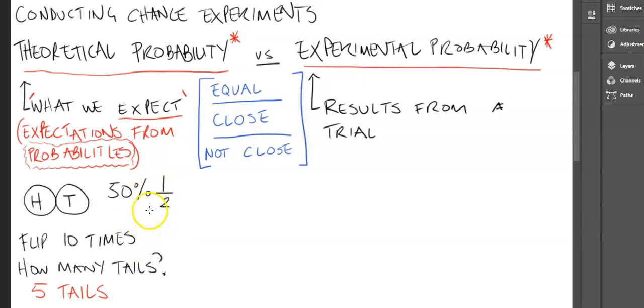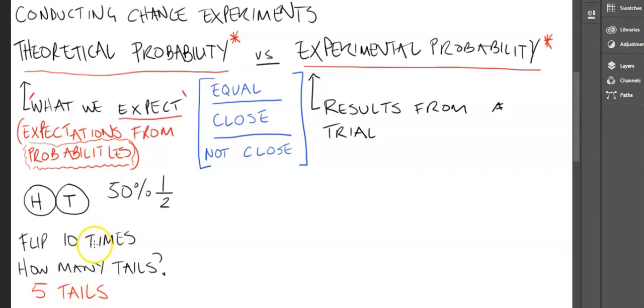Okay, now theoretical probability, if we were actually to conduct this experiment and flip a coin, in this case 10 times, we might not get exactly 5 tails. Okay, we might be very close to it, but realistically, if every single student in 7O3 were to do this, not every single person will get 5 tails.